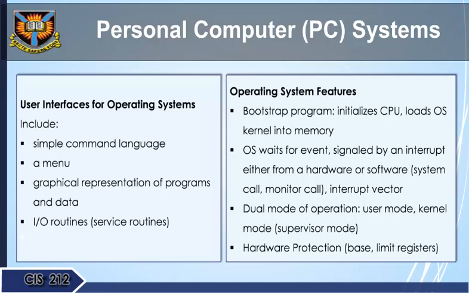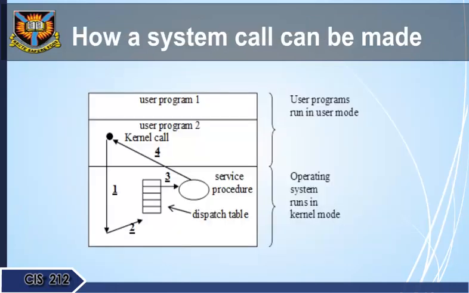The OS waits for events signaled by an interrupt either from hardware or software. System call, monitor call, interrupt vector. Dual mode of operation: user mode, kernel mode, supervisor mode. Hardware protection: base and limit registers. How a call can be made: user programs run in user mode, the operating system runs in kernel mode.